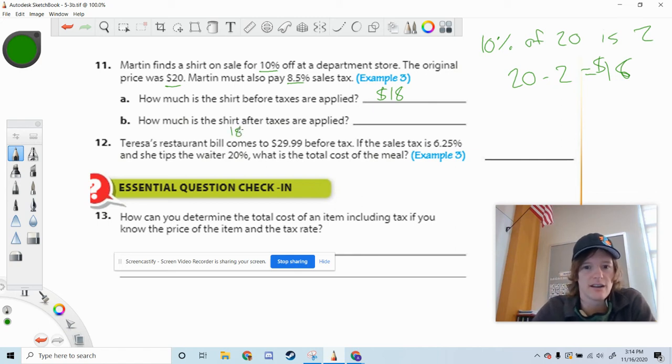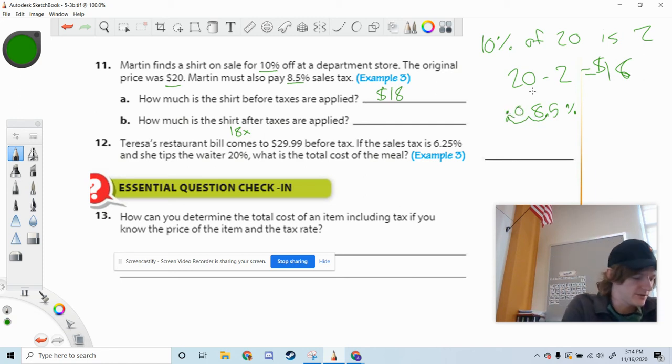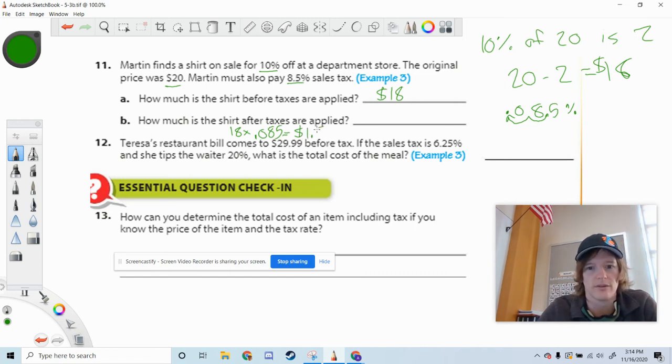So we need to take our 18 times 8.5%. To make that a decimal, we'll move it over 2 times, 0.085. So 18 times 0.085. And we get a total amount of taxes is 1.53.